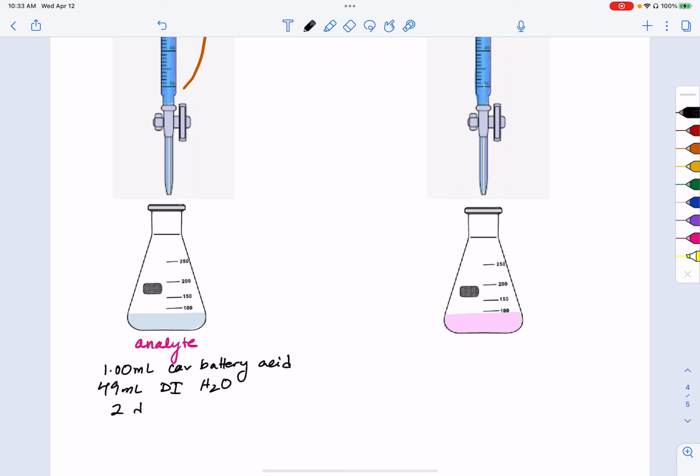And then I have 2 drops of phenolphthalein indicator. And you'll notice that when we look at this reaction flask, it is going to be a colorless solution because we have an acid mixed with our phenolphthalein, and phenolphthalein is colorless in acidic environments.